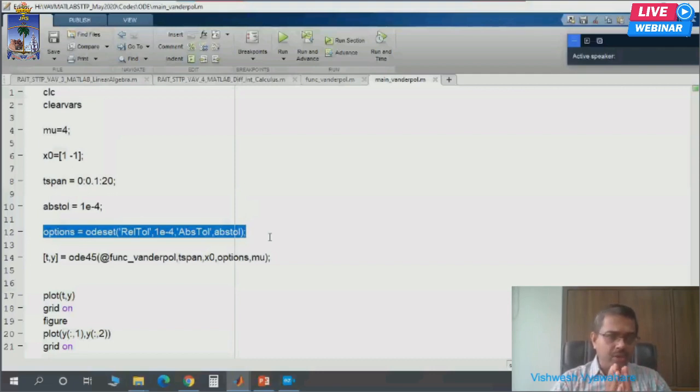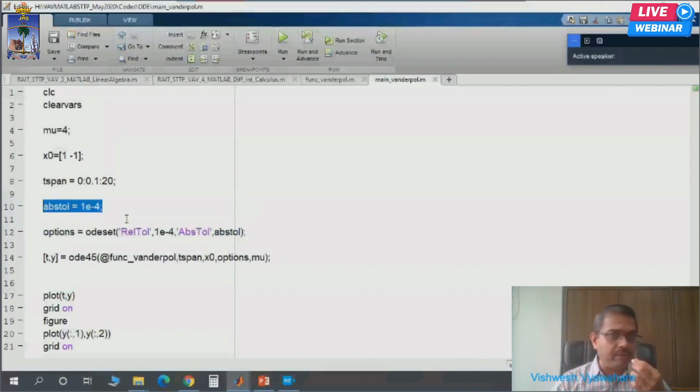Is there any measure of convergence, some tolerance level that I can put on the error between the actual solution of the differential equation and the numerical solution? So we give 1e to the power minus 4, that is 10 to the power minus 4, which is a very small tolerance.